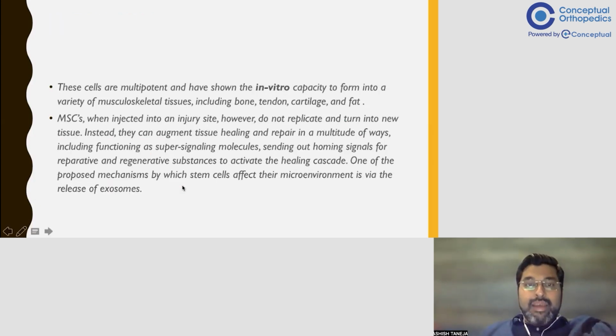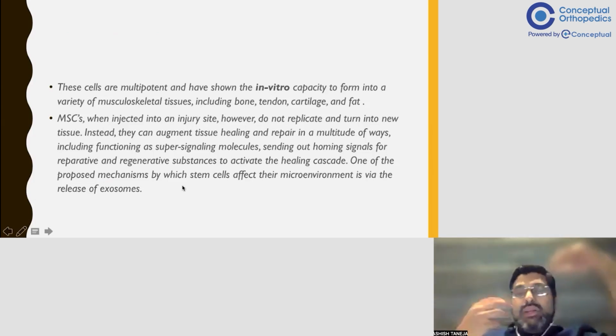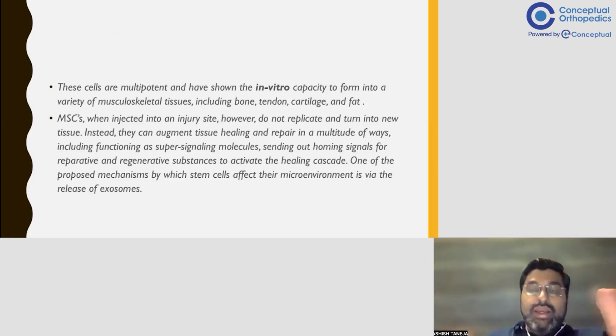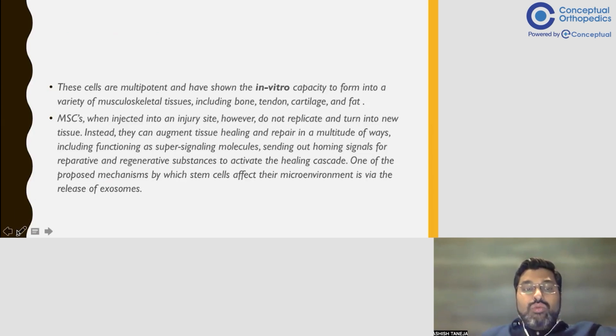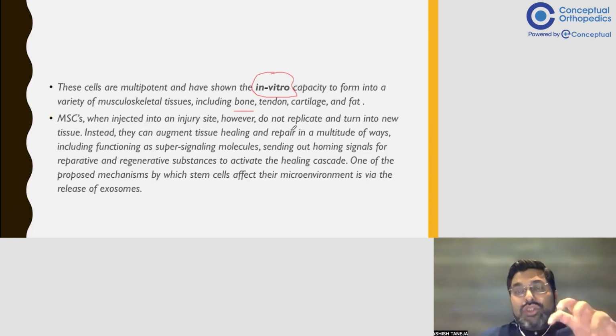As I said, they are multipotent and they have shown in vitro capacity to convert into different cell lineages. Understand, this is in vitro. In vitro, they can convert into different cell lineages depending on the environment. However, when we inject them into an injury site, their conversion to different cell lineages is not as good.